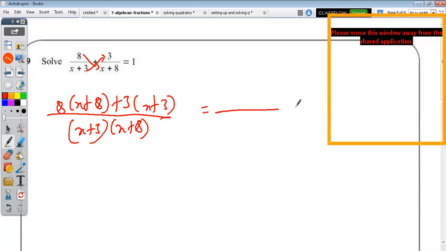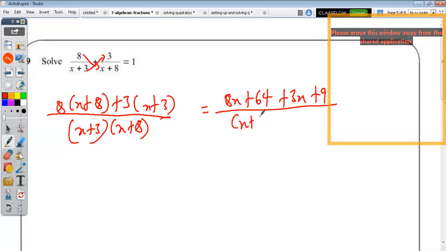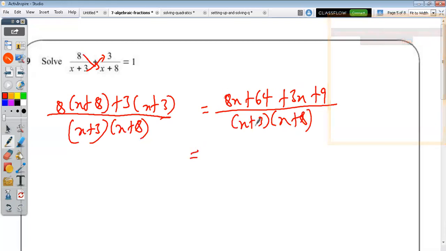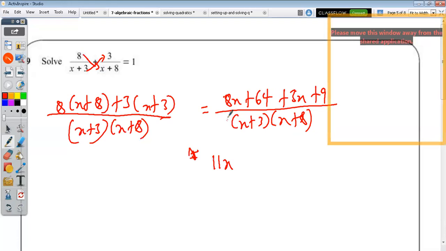Then remove the brackets: 8x, 8 times 8 is 64, plus 3x plus 9, over x plus 3 brackets x plus 8. Now add this, what do you get? 11x, since 8x plus 3x is 11x.